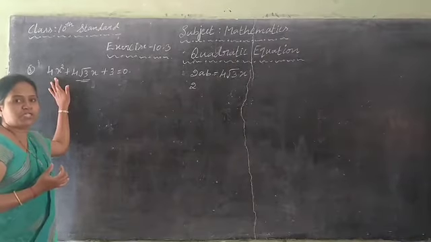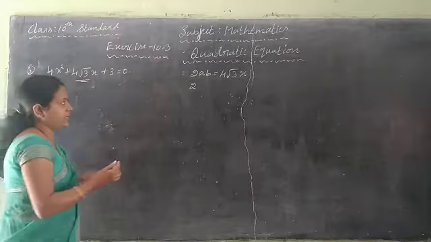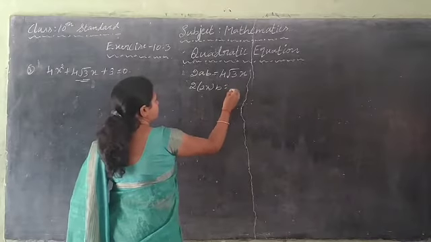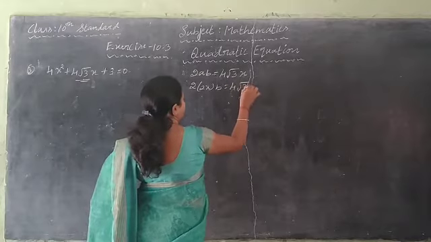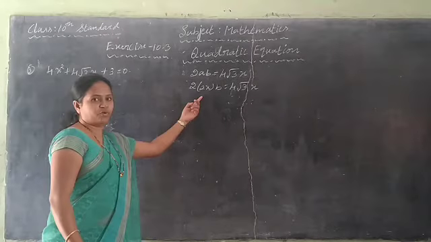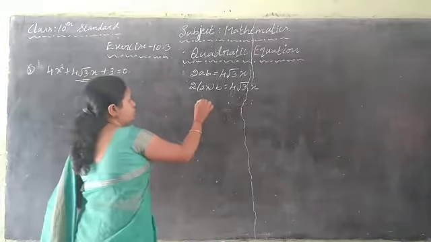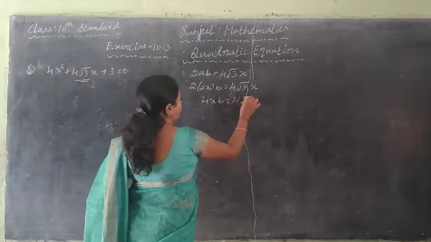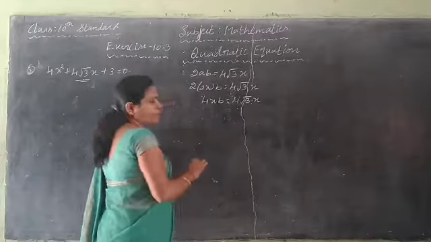So, what will be the value of a, children? 2x will be the value of a. 2x into b is equal to 4 root 3x.